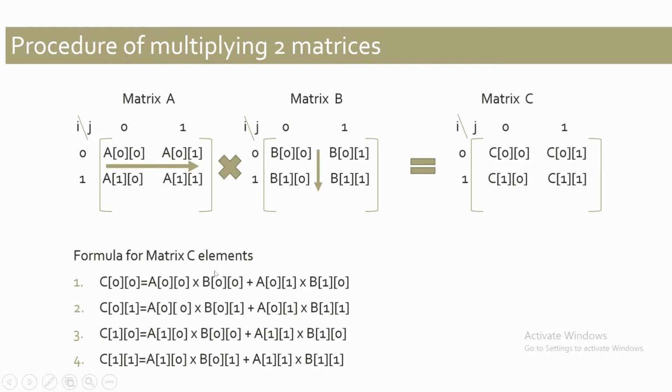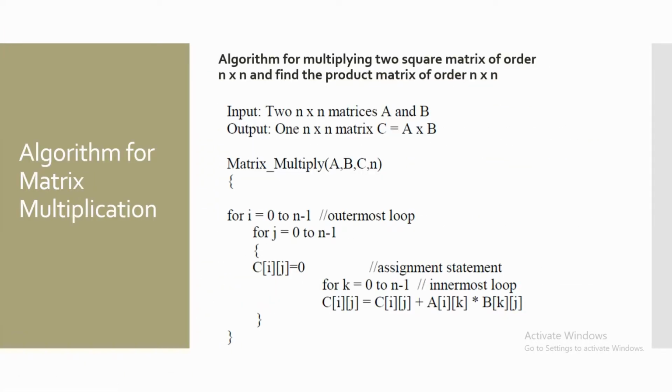Here 1 1, here 0 0. That means my general formula will include some other third variable, and first time it is 0 and for the next time that variable is 1. That means that can be k, which is first 0 and then 1. So you can see here we have made a loop of i that is going from 0 to n minus 1. n is my matrix of 2 by 2, so my loop is going from 0 to 1.